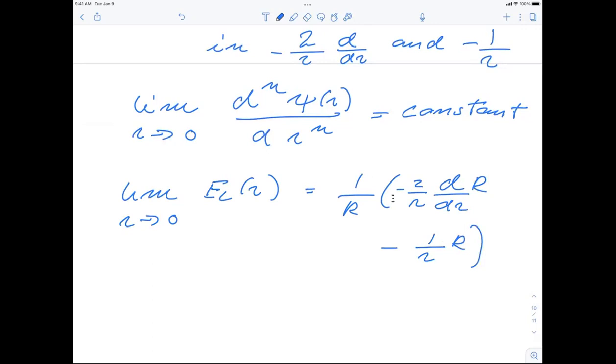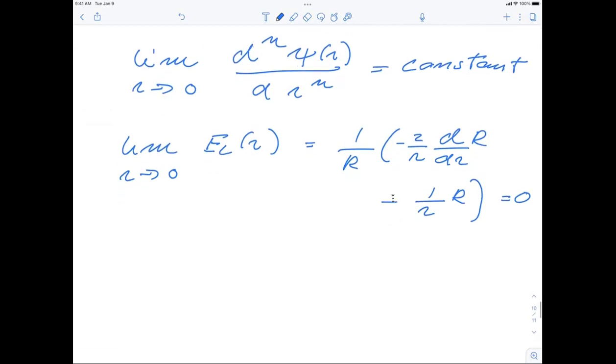And now what we want is actually to cancel these divergences. So we want this one to actually just be equal to 0. So we have a divergence in the kinetic energy and a divergence in the potential energy, which we want to cancel when R goes to 0. So that means that I have a differential equation now, and I'm assuming that R is not necessarily 0.